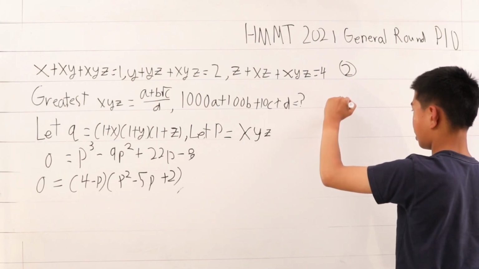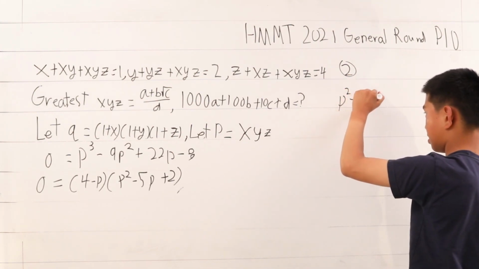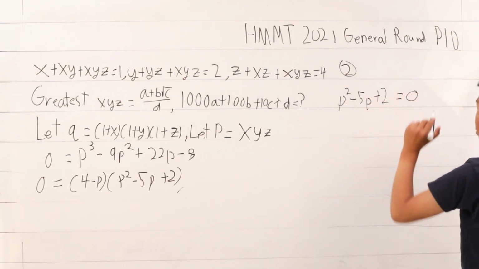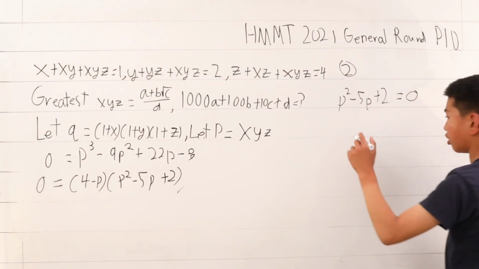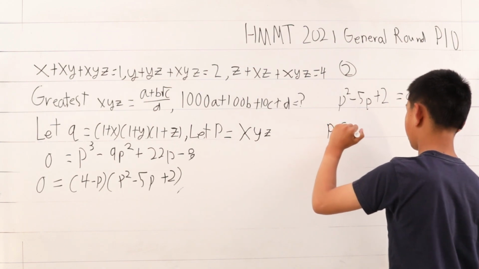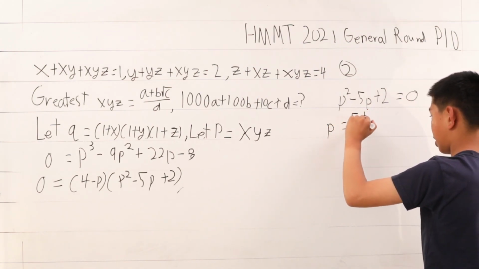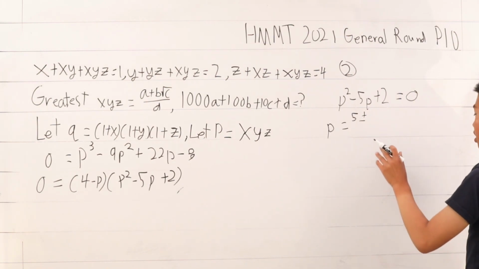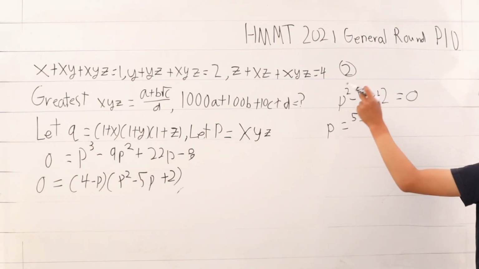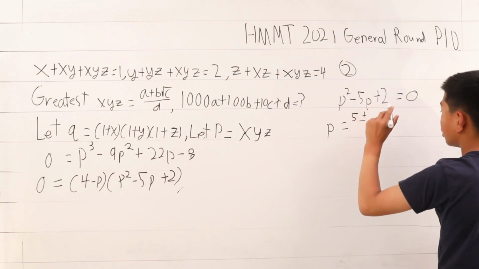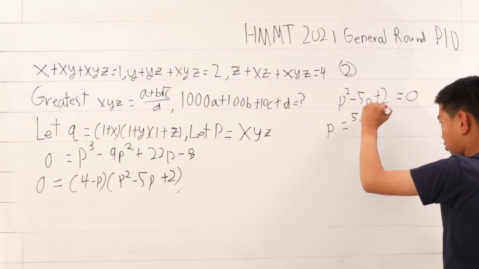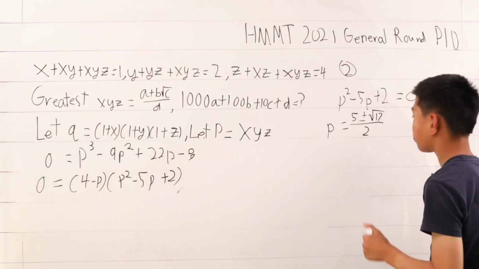So p squared minus 5p plus 2. When this is 0, we just simply use the quadratic equation to solve. p is equal to 5 plus or minus the square root of negative 5 squared, which is 25, minus 4 times 2 times 1, which is 25 minus 8, or square root 17, divided by 2.